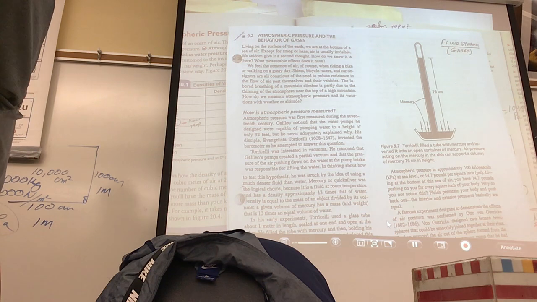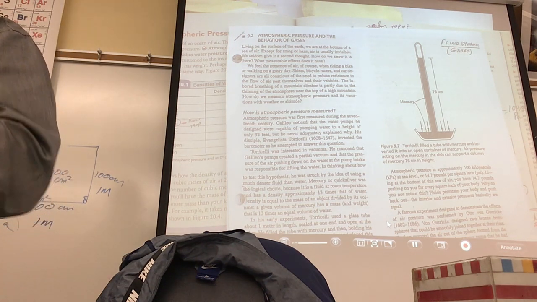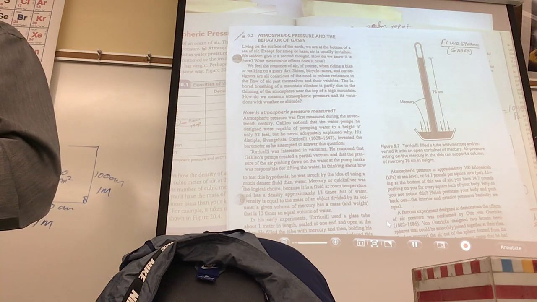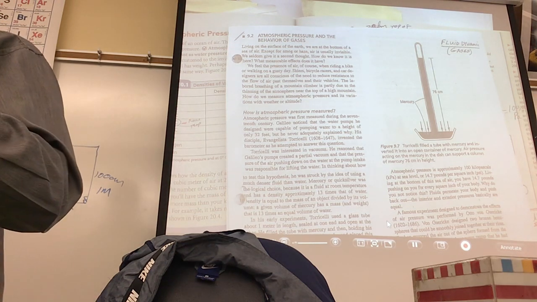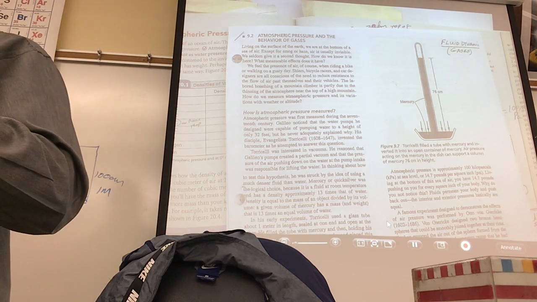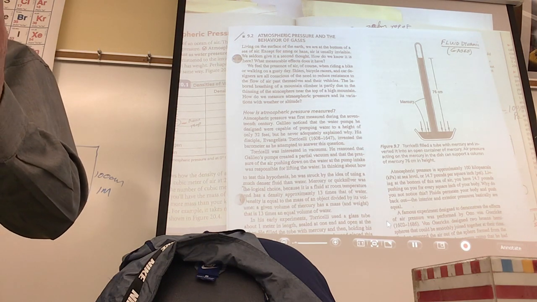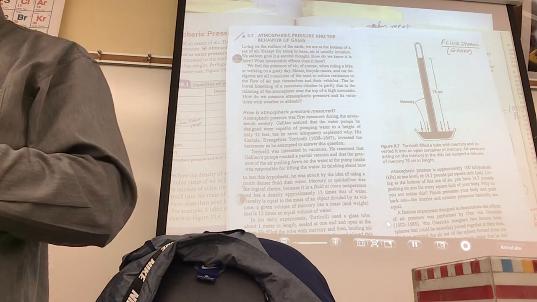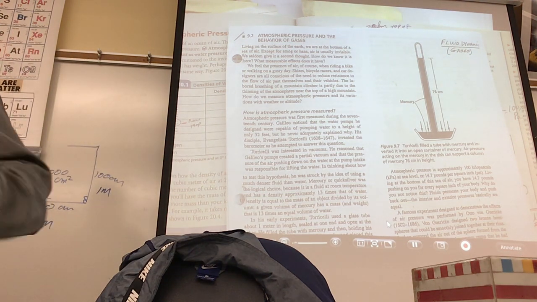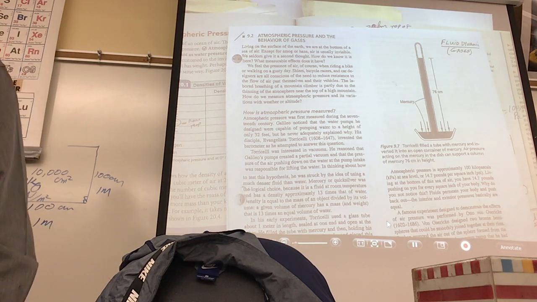I'll take it. Now, today, a lot of mercury barometers have been replaced with electronic ones, haven't they? Any of you have a barometer or altimeter app on your phone? Oh, okay. You can actually tell, hey, I'm half a mile above sea level. So you can do that.